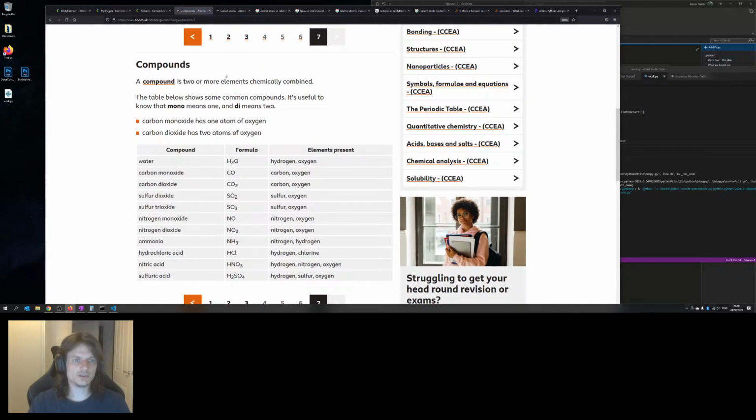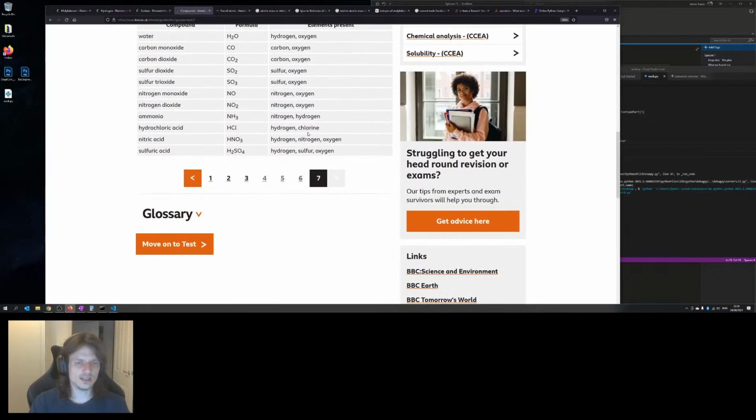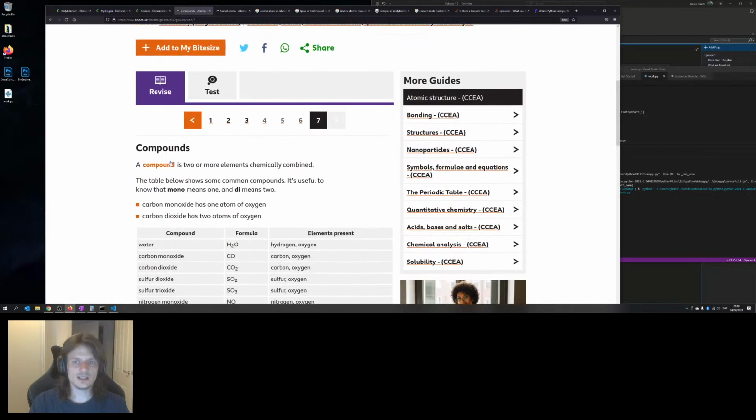A compound is 2 or more elements chemically combined. The table below shows common compounds. It's useful to know that mono means 1 and di means 2. Carbon monoxide has 1 atom of oxygen, carbon dioxide has 2. Yeah, okay, right. So that's atomic structure.